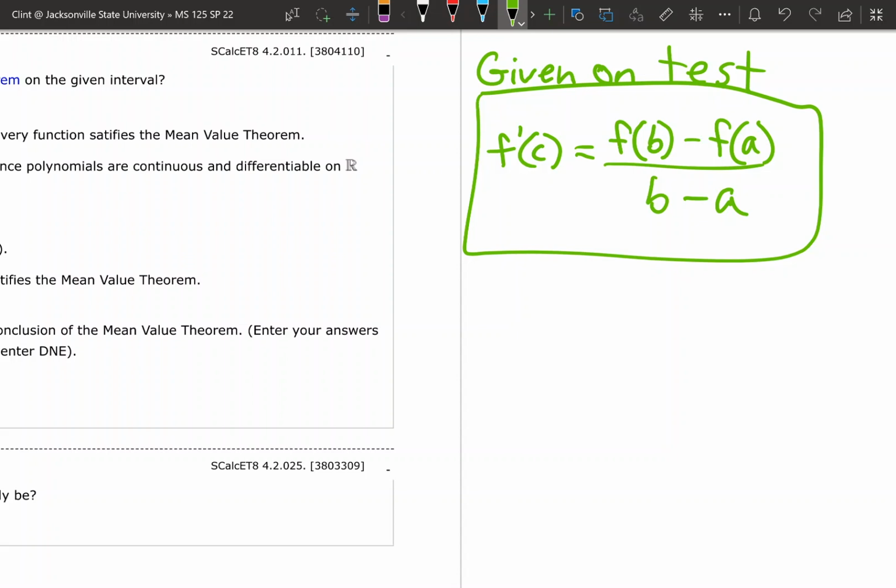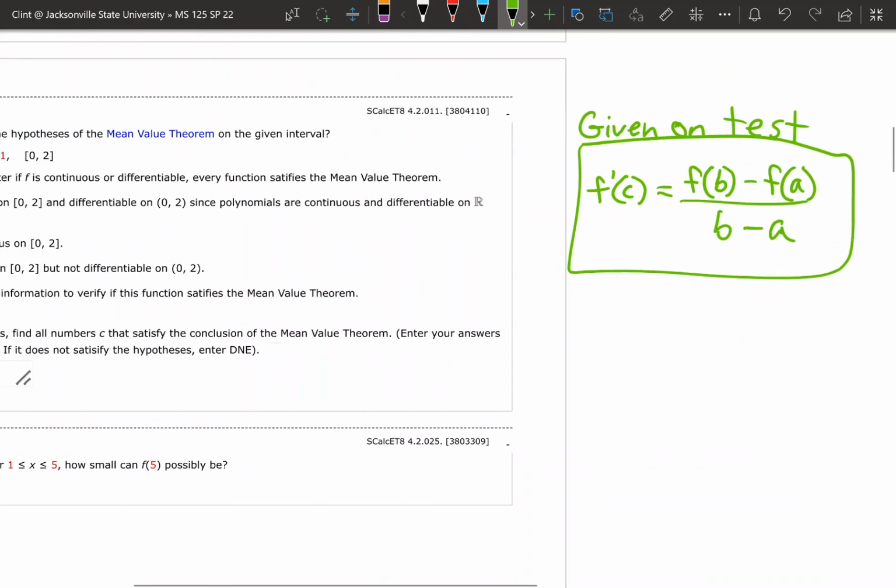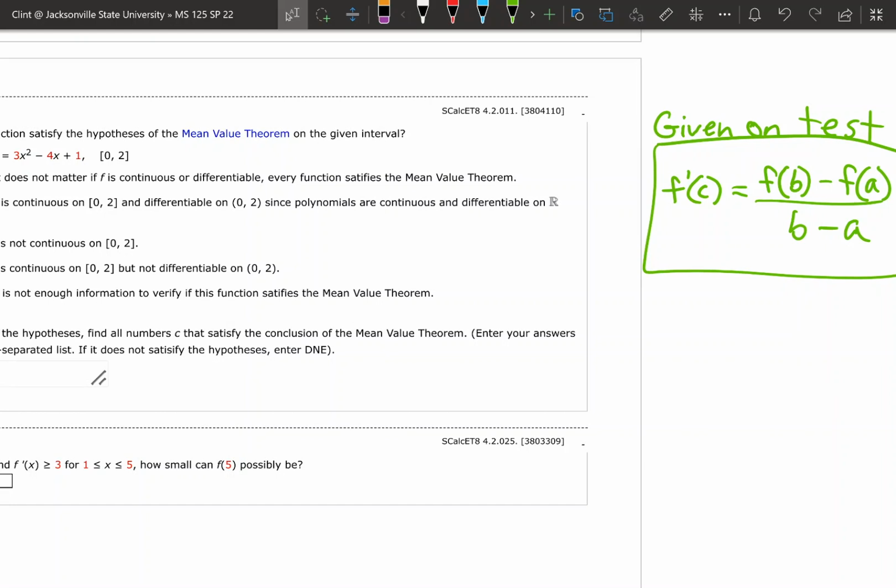And then it'll say find the C value. So we need to really just remember what A and B are, right? They're endpoints. So the left-hand endpoint's A, right-hand endpoint's B.